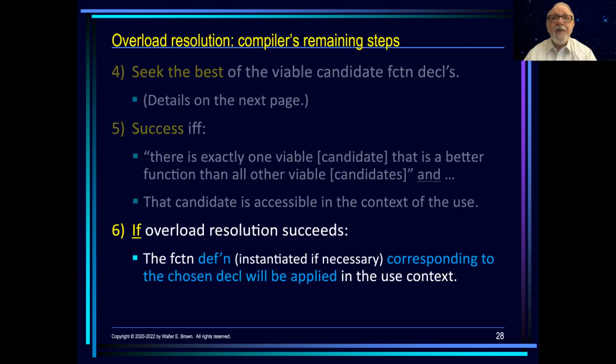And if that declaration had been synthesized from a function template, now it's time for that function template to be instantiated. And we get a specialization. And that's what's going to be called. Okay? Otherwise, the whole program is considered ill-formed.